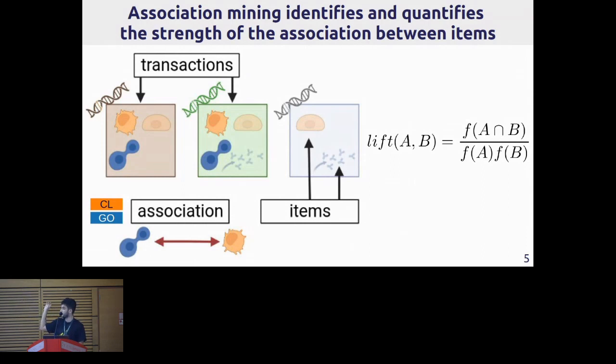The idea is that you look at the frequency of occurrence of A and B in your transactional database compared to the expected frequency if they were independent. Basically, if you have a lift of 4, in this example, it means that A and B are paired together 4 times more often than you would expect if they were independent.